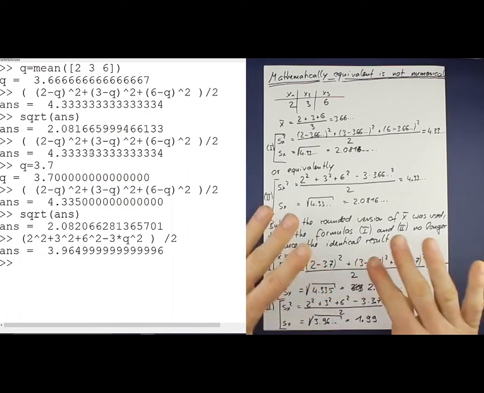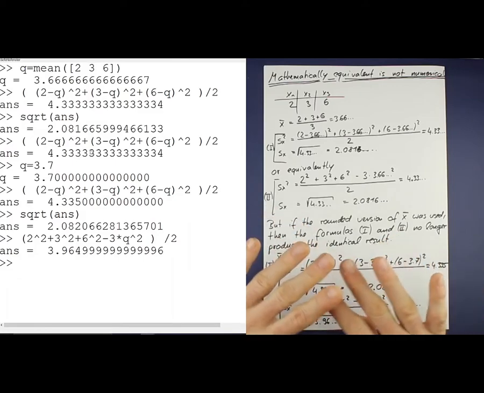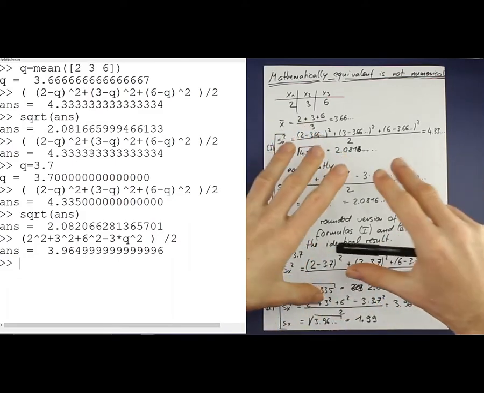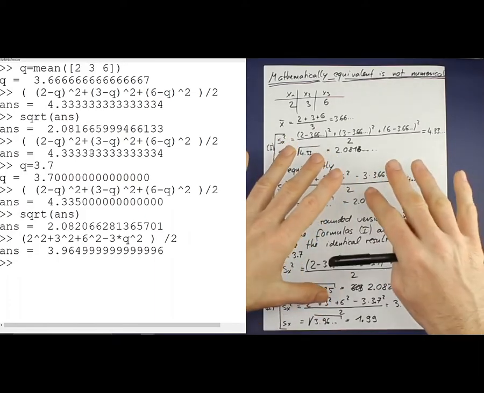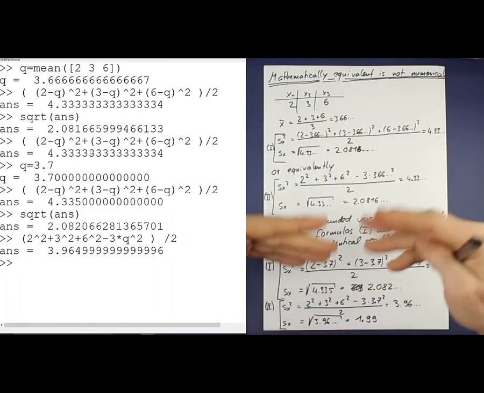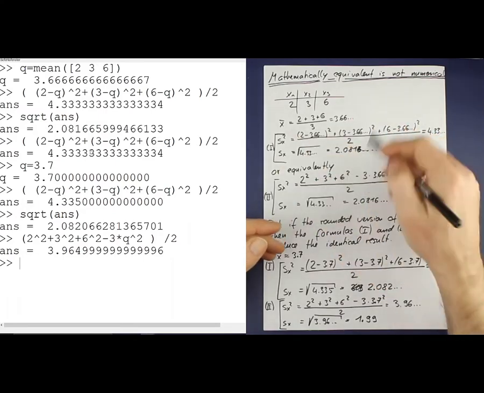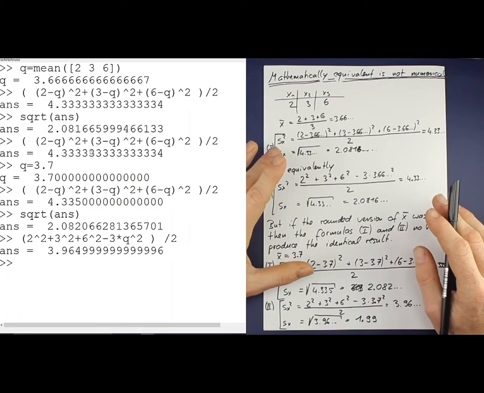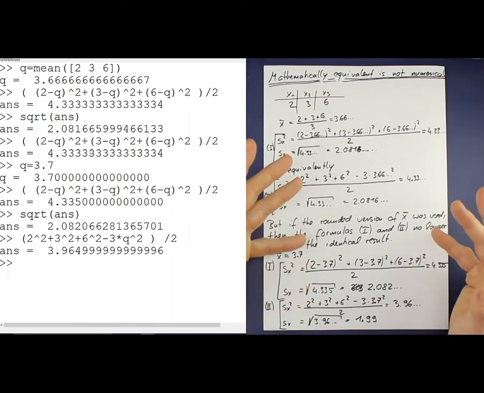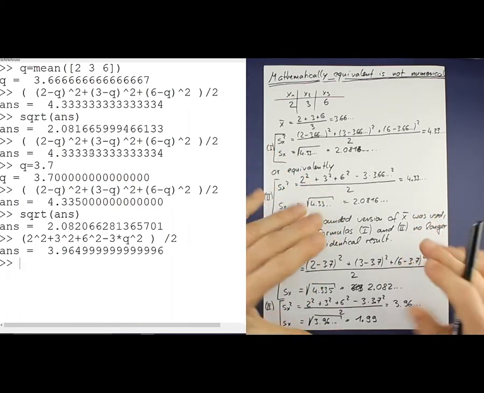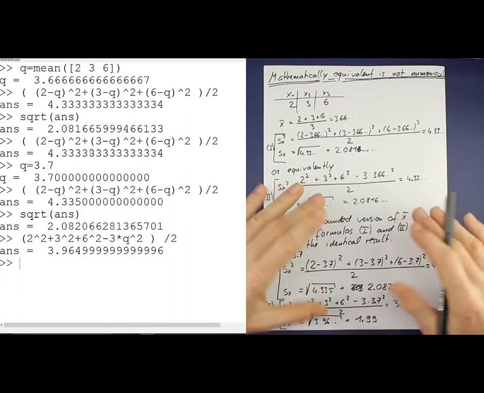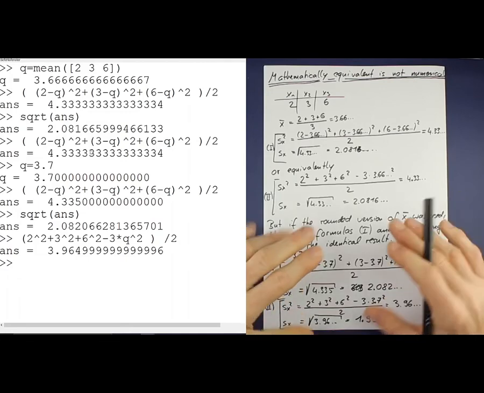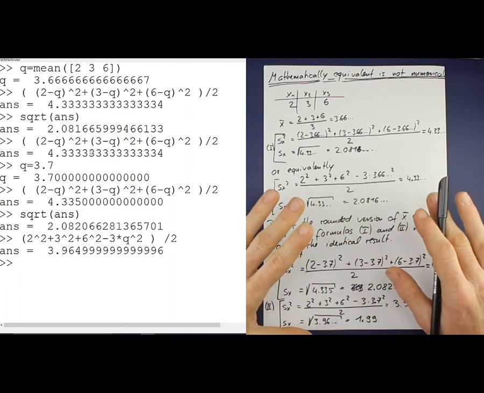For me, this is completely counterintuitive. And as long as I did not do these calculations on my own electronic calculator or on my sheet, you can also do these calculations without an electronic calculator using fractions, I said this is impossible. But I see, no, it's not impossible, it's possible. This really happens. And for me, this is completely counterintuitive.